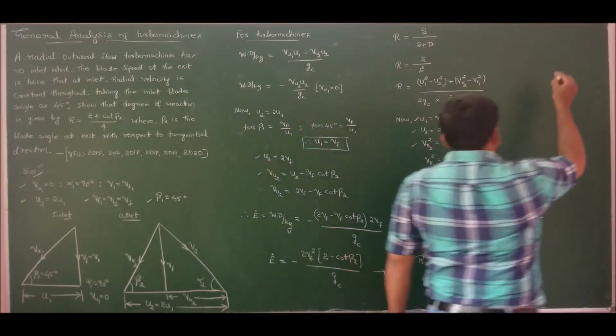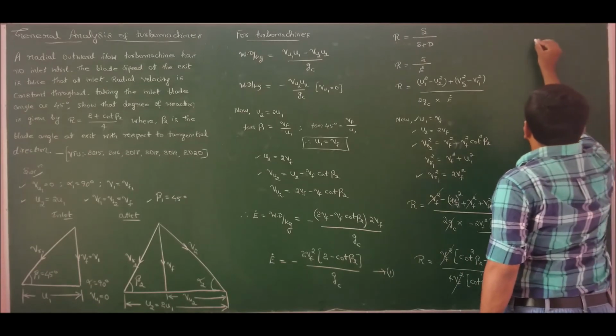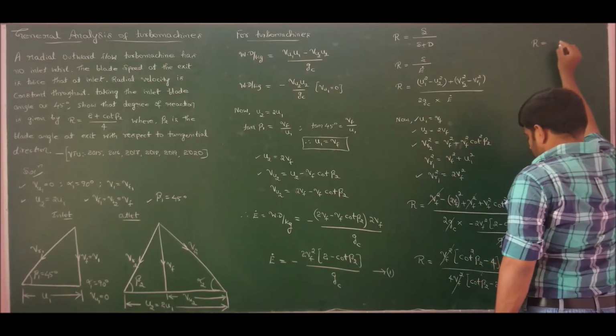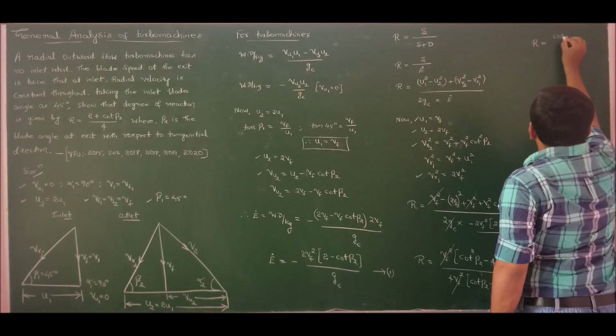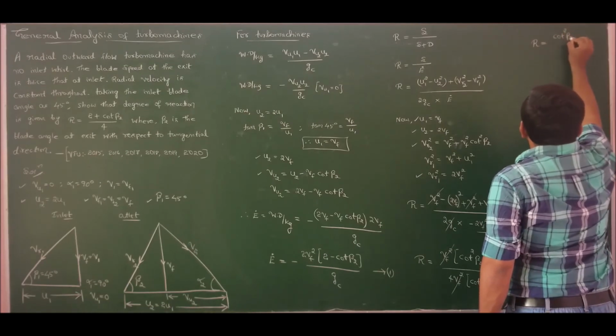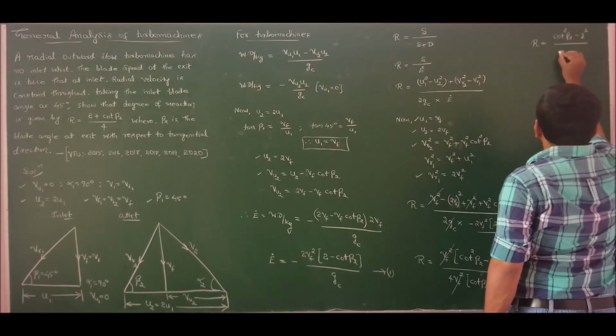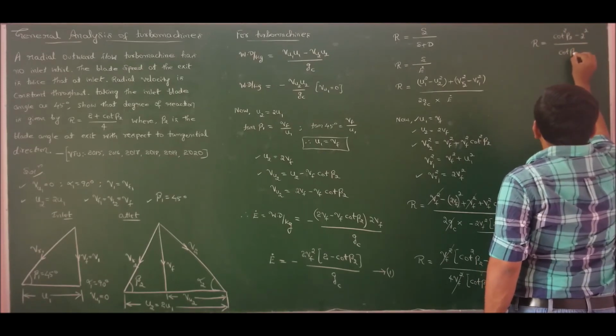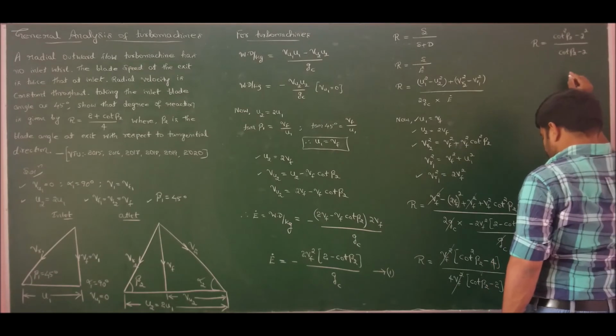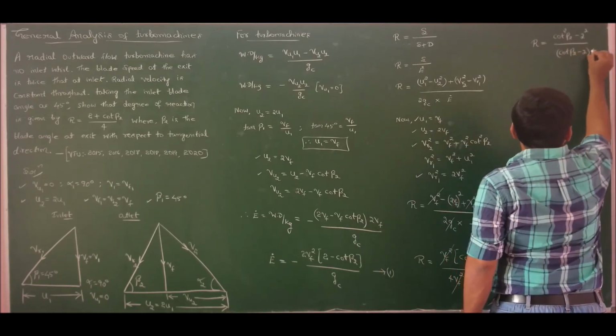That is, now R is equal to cot square beta 2 minus 2 square by cot beta 2 minus 2, 4 multiplied by 4.